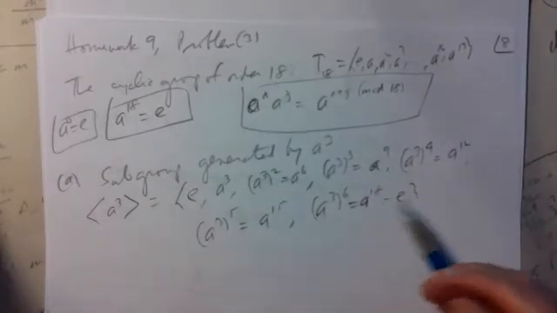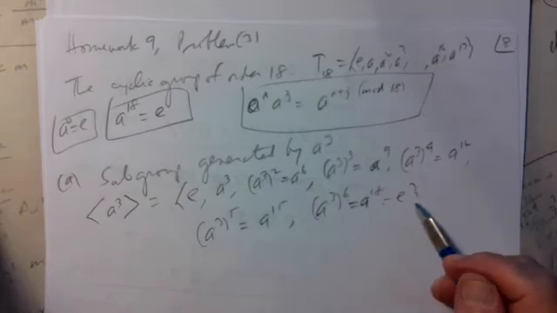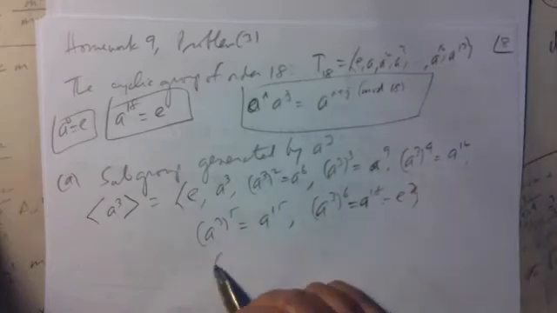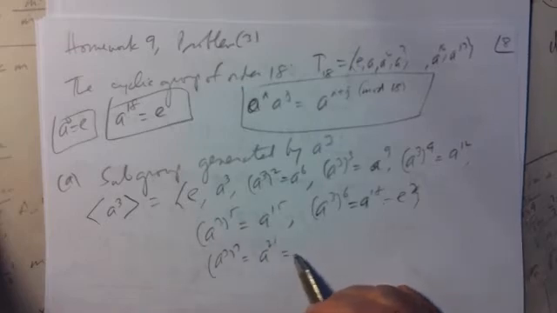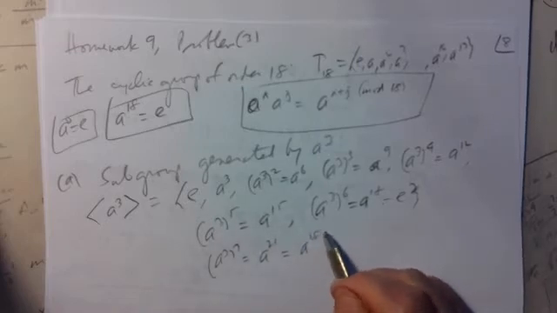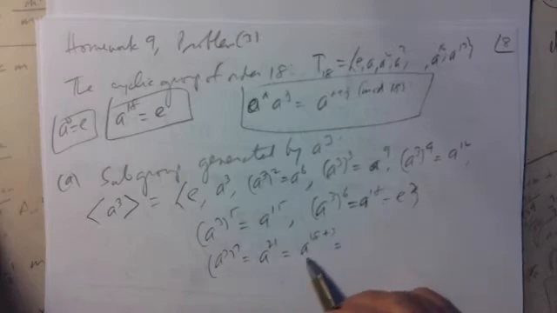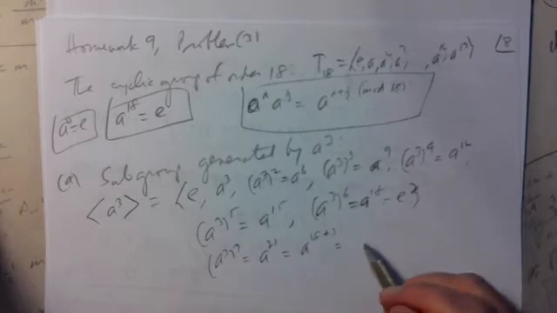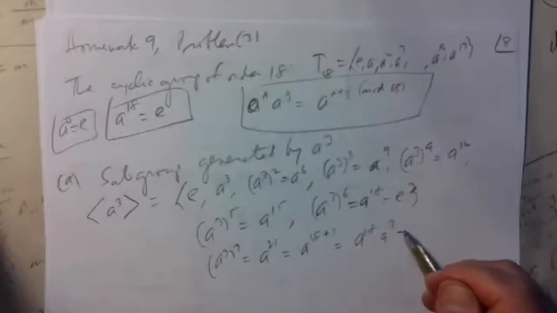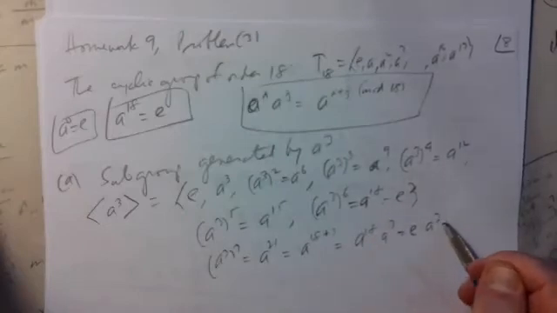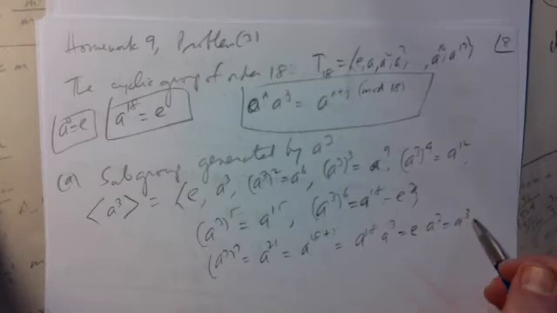You're back to the identity. And you can just see, suppose we took a cubed to the 7th power. That's a to the 21st power. That's a to the 18 plus 3, because 18 plus 3 is 21. That's a to the 18th times a cubed. A to the 18th is the identity. We're just back to a cubed again.